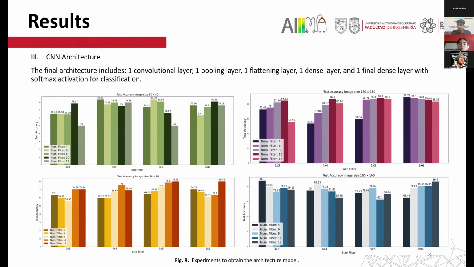Each graphic shows the accuracy obtained by image size, and it can be seen that the best results were obtained with an image size of 150 by 150, a number of filters of 4, and a filter size of 6 by 6, which obtained an accuracy of 89% and a loss of 1.70.